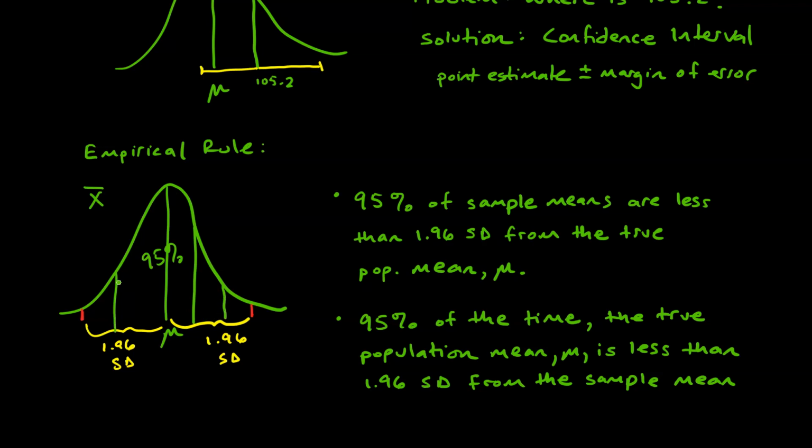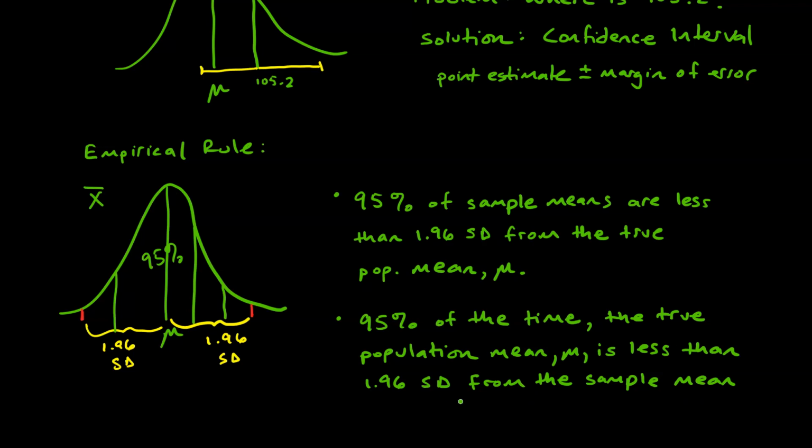Same thing right here. If 1.96 standard deviations is this yellow distance, then mu is less than 1.96 standard deviations from that sample mean. And in fact, 95% of the time in a distribution of sample means, the true population mean is less than 1.96 standard deviations from the sample mean.